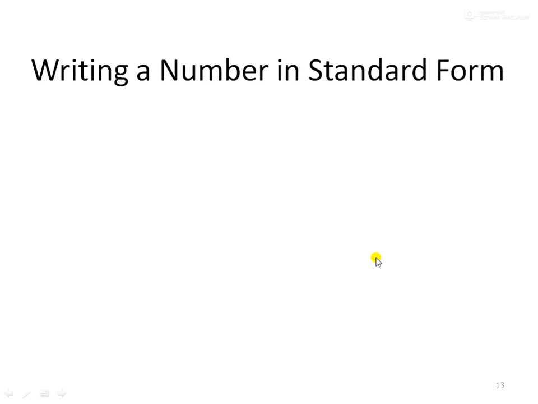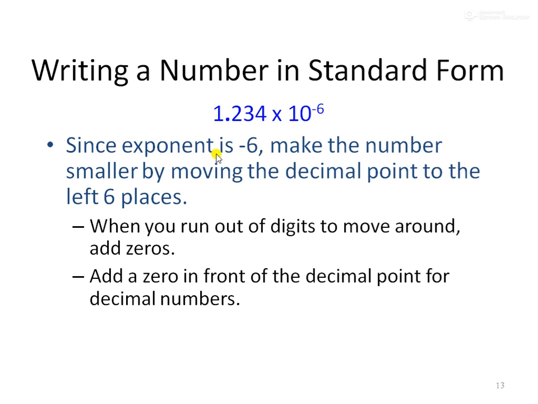Then you can also write a number in standard form if you have scientific or exponential notation. Now this is the one. If the power is -6, then the exponent -6 makes the number smaller by moving the decimal point 6 places to the left. Whenever there is a negative exponent, you will be moving the decimal towards the left.